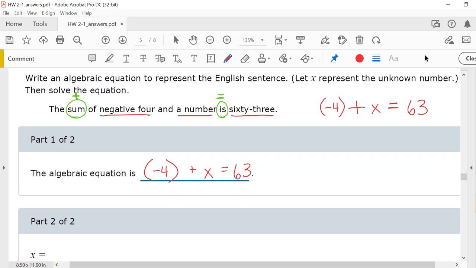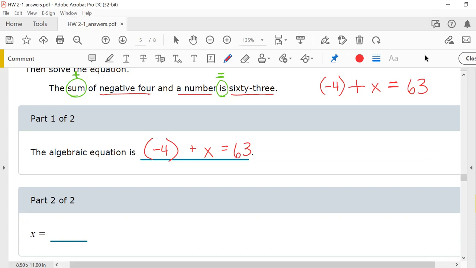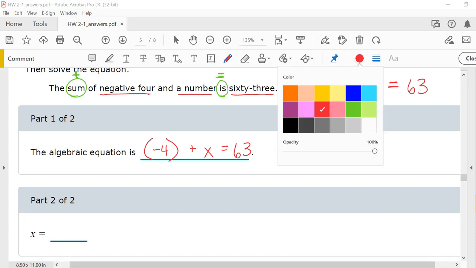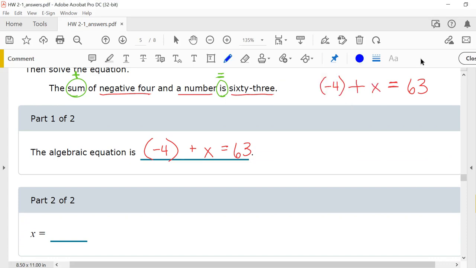Now we're supposed to solve for x. How do we get x by itself? Right now we're doing -4 plus x. We need to get that -4 to the other side. So I'm going to add 4 to both sides.